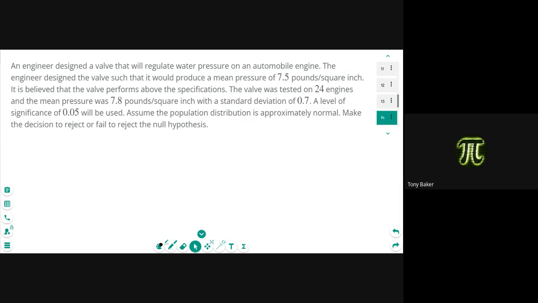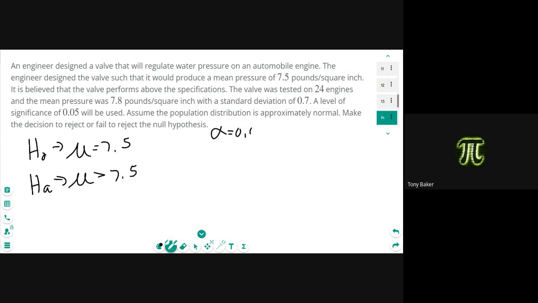Okay. What's my null hypothesis and my alternate hypothesis? The null is mu equal to 7.5. Alternate is mu greater than 7.5. So I'm doing a significance level of 0.05.